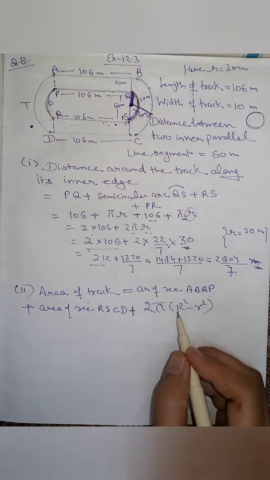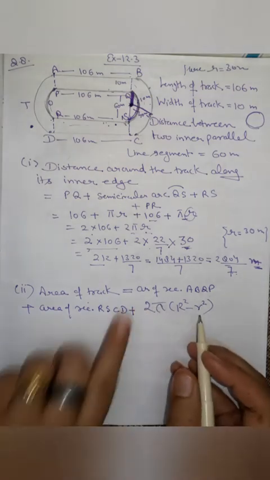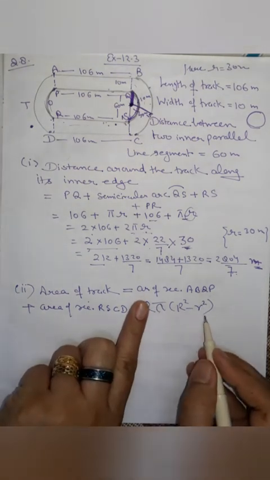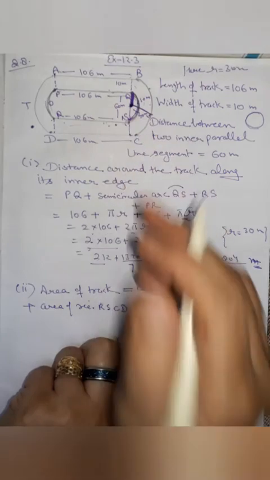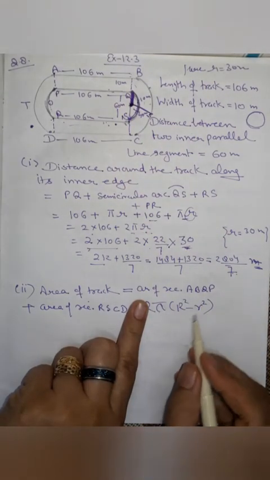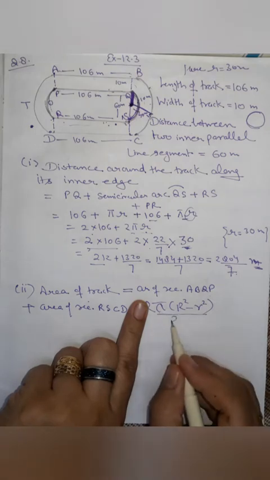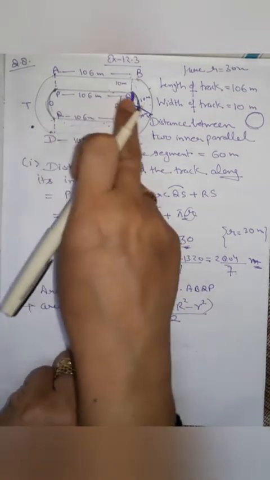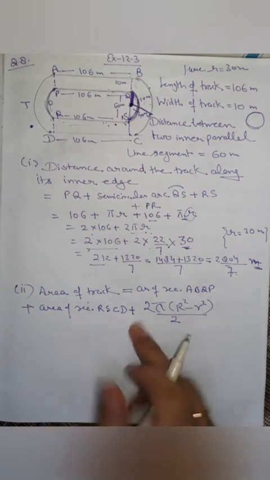This is the formula for a circular ring. This one is a semicircular ring. So for a semicircular ring, pi capital R square minus small r square upon 2. How many rings are there? 2. So that's why we are multiplying here by 2.